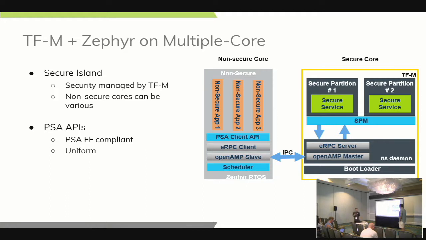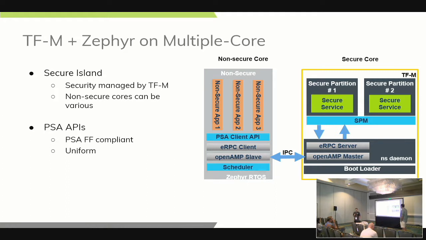On the NS side, the NS daemon holds the eRPC server and OpenAMP master. The daemon handles the request from the client and then passes it to SPM on behalf of non-secure clients. There are no changes to SPM or the TF-M core itself. This can keep TF-M original and its integrity.